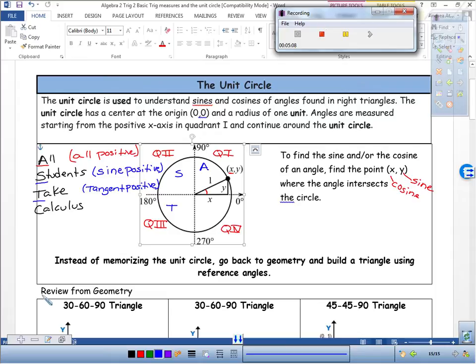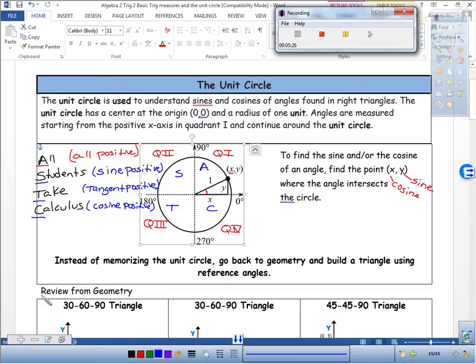In quadrant 3, tangent's the only thing that's positive, cosine and sine are both negative. And then C is cosine. It's positive. So in quadrant 4, cosine is positive and sine and tangent are both negative.